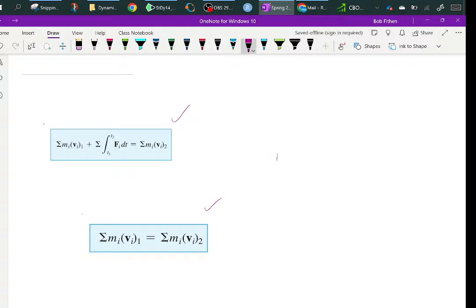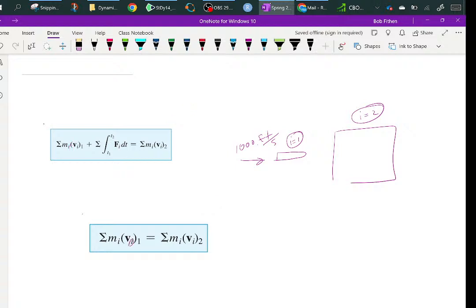Now, what we did on the board the other day is we talked about a bullet flying along at 1,000 feet per second that hit a block and became embedded in the block. So we have A, you know what, I equal 1 and I equal 2, going along with his indices here.